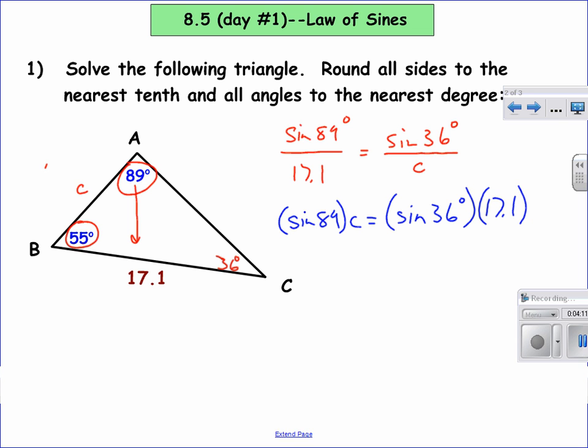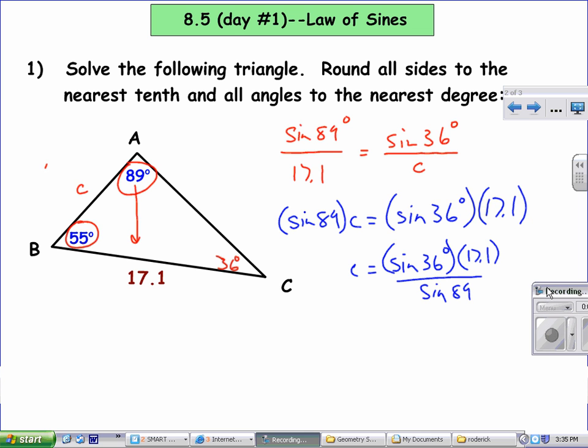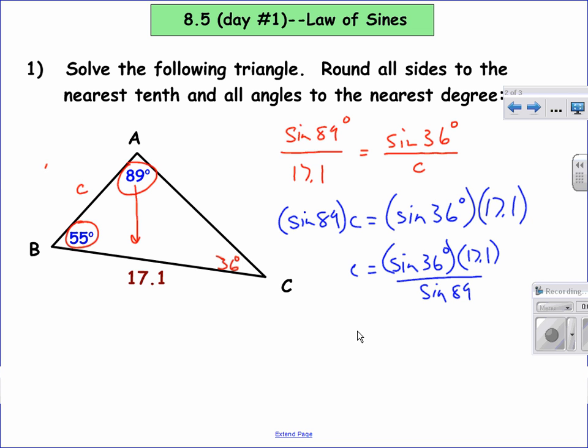Okay, go ahead and C equals the sine of 36 degrees times 17.1 divided by the sine of 89. That's very close to 1. And C turns out to be 10.05. So the nearest tenth is going to be 10.05 is going to round to 10.1, right? All right. Okay, go ahead and plug it in over there.